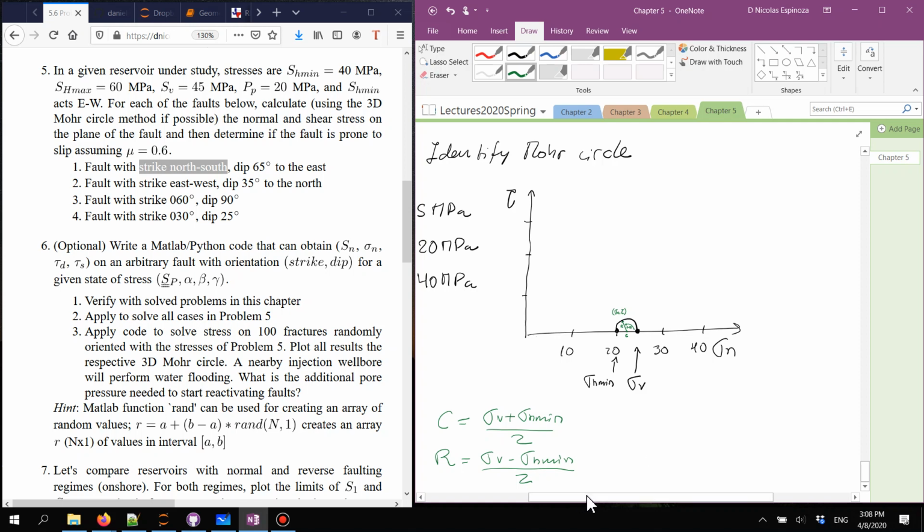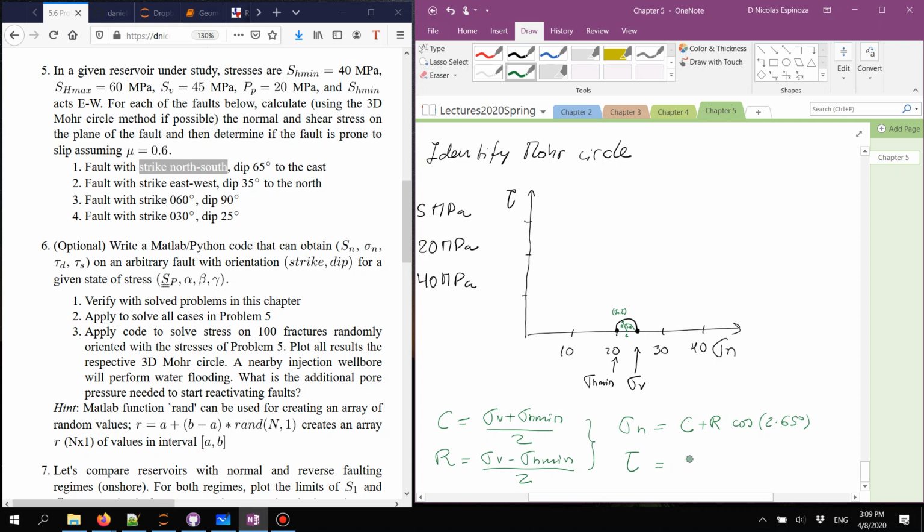With these two, the center and the radius, I can use these two equations to tell me what sigma n and the shear stress are, with equations that we already know. Sigma n is going to be the center plus the radius times the cosine of 2 times 65.